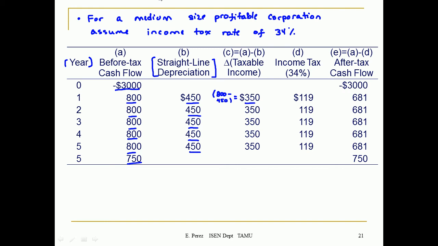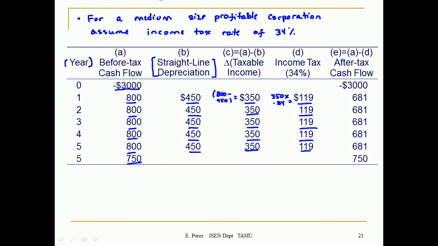So it's the same amount for this 5-year period. And now you have to apply that income tax of 34% to the taxable income. So if you multiply these $350 times the 34%, that will give you this amount, $119. And the amount is the same for the 5-year time period.